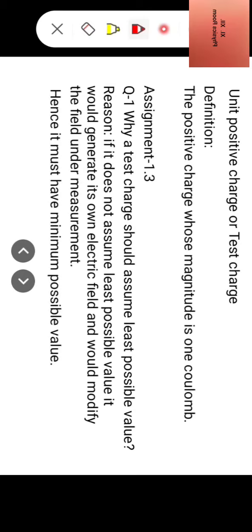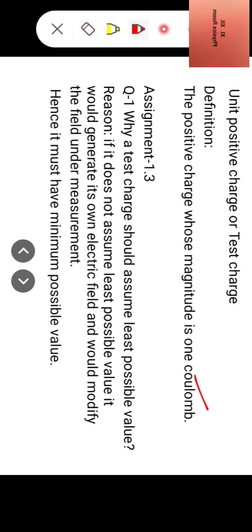The positive charge whose magnitude is 1 coulomb is defined as a unit positive charge or a test charge, and its value should be very small, as I previously told you, because if it had a bigger value, it would have its own electric field which will modify the original electric field under measurement. So it must have a very small value approaching 0.